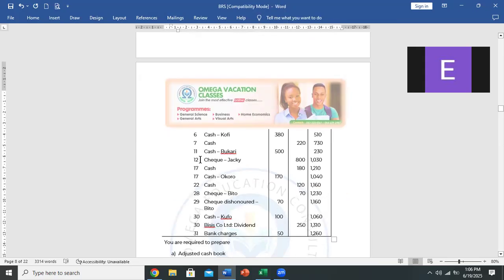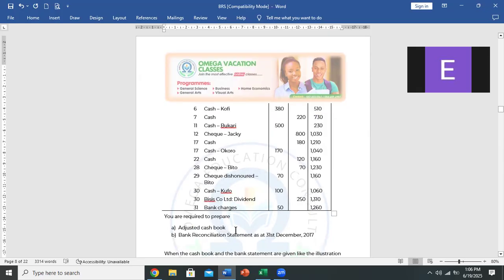You see familiar things like check dishonored, BC Limited dividend, and bank charges. Now look at the requirement of the question. You are required to prepare A, the adjusted cash book and B, the bank reconciliation statement.